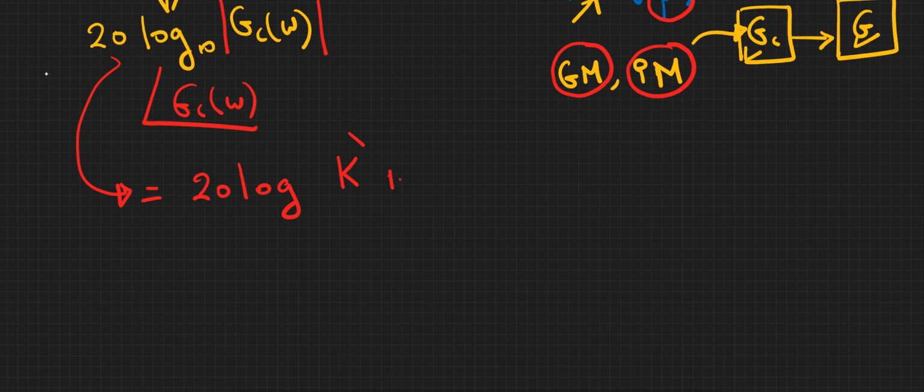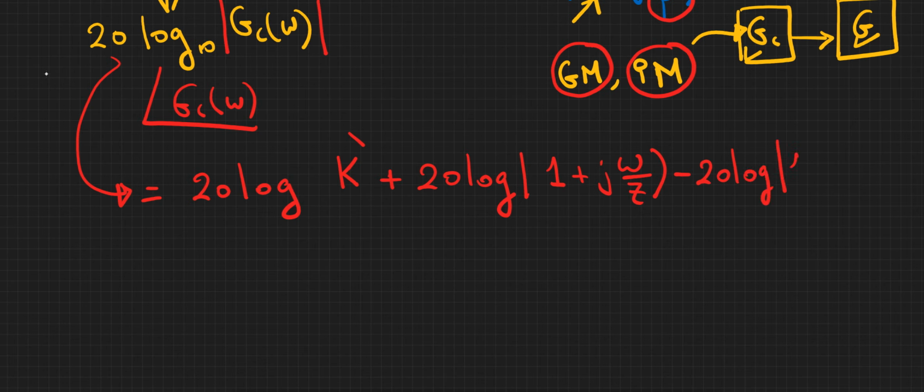Okay, and plus another 20 log magnitude of 1 plus j omega over z, and minus 20 log magnitude of 1 plus j omega over p. So as we said, it becomes an addition and a subtraction, so it becomes quite easy to do. And the same thing for the phase.